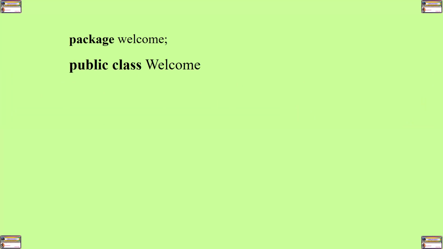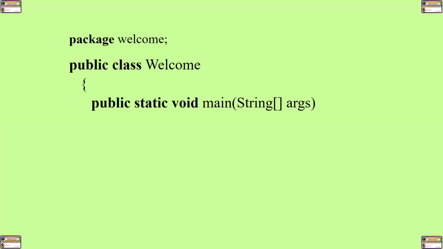Then public class welcome. And then within the public class welcome, we have the main function, which we call the main, and its syntax is public static void main string, then args, as you can see.